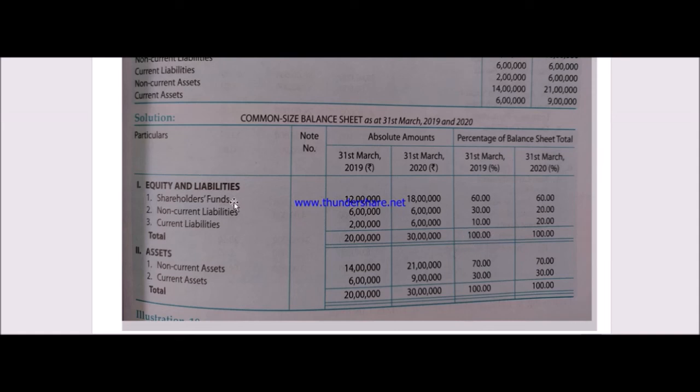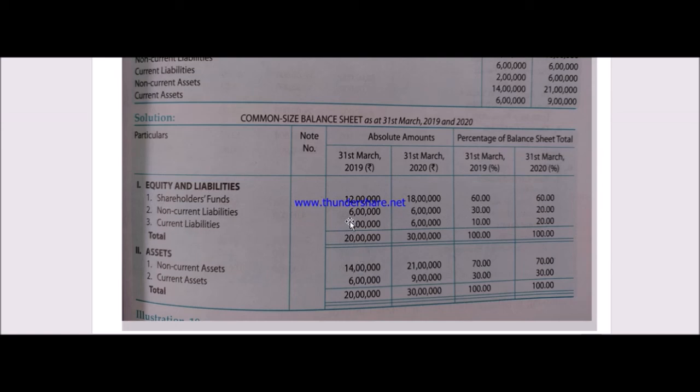Now, shareholders fund. How should we calculate that one? Shareholders fund 12 lakh divided by total liabilities into 100. Now, if you want to calculate the non-current liabilities percentage, then non-current liabilities 6 lakh divided by total liabilities 20 lakh is equal to 30%.